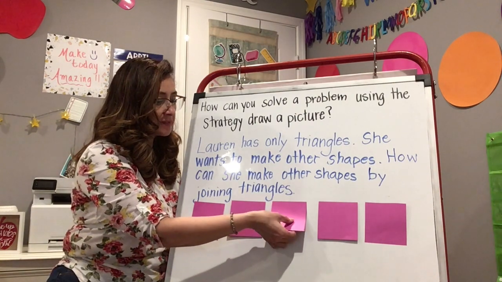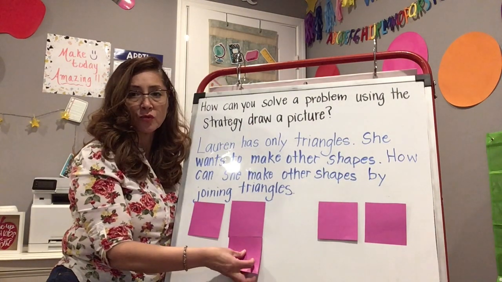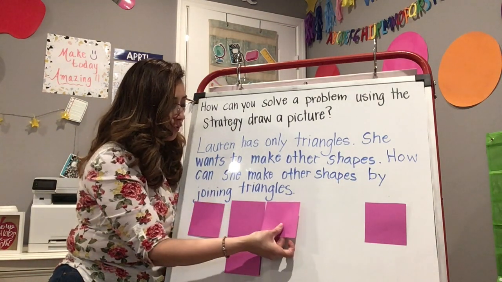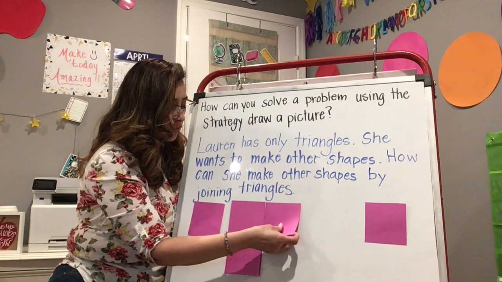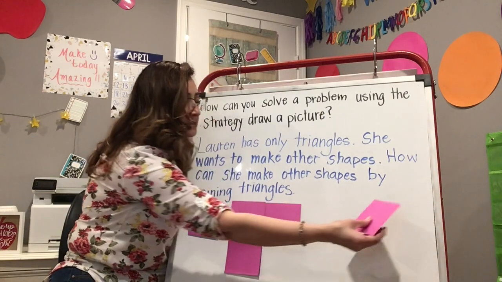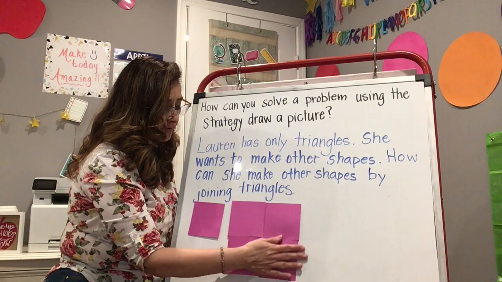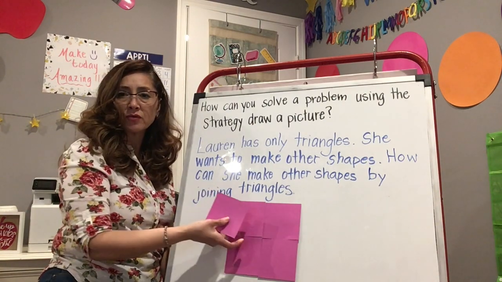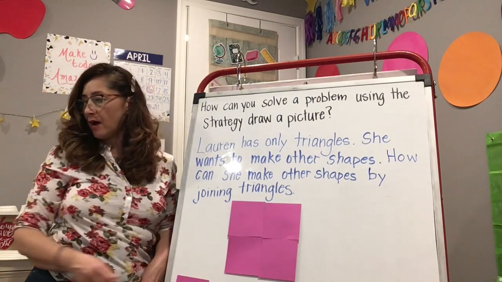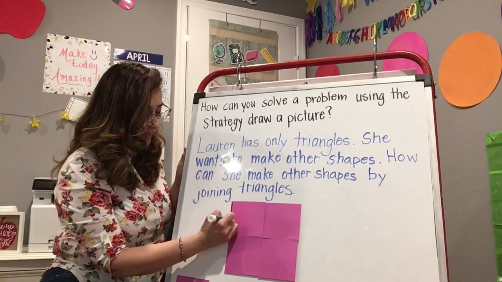We can place one square right underneath another square, and we can move this square over and join it right there with that square, and take this square over and join it to that square. Now, will we need this square here? Probably not.